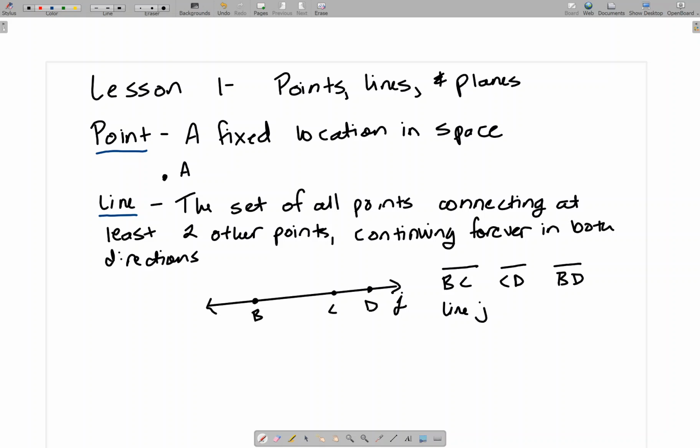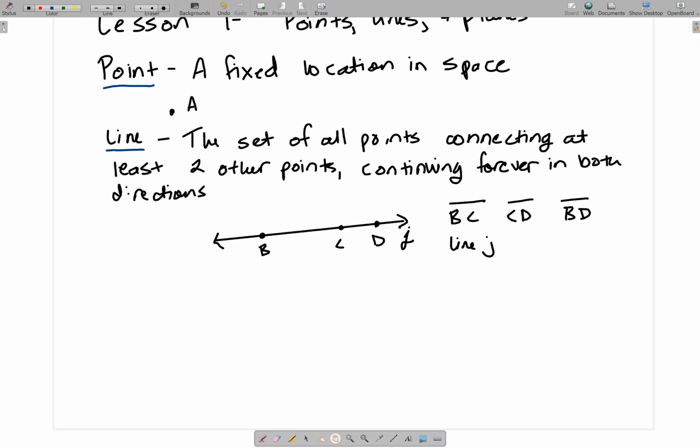Alright, so that's a line. Next we have a plane. A plane is a flat surface that contains at least 3 points. Think of it like the top of a desk.